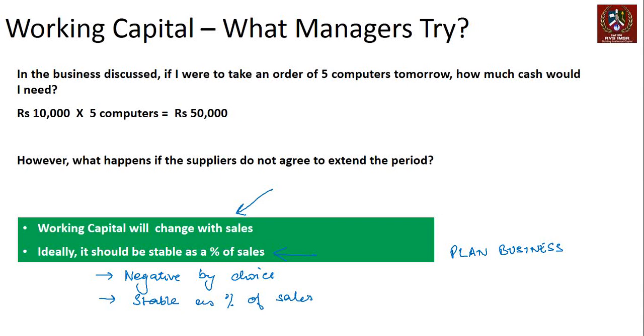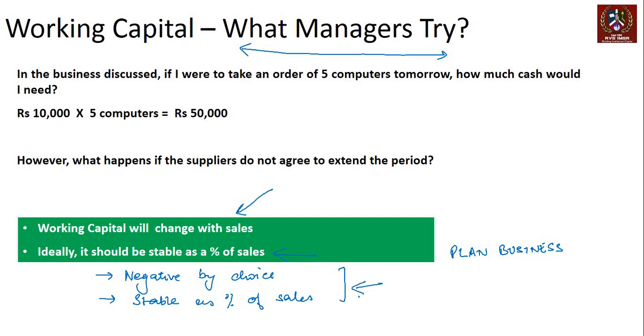So they should move in line with the sales, and that is what should be the endeavor of managers. We will see in examples that good companies try to manage working capital at a remarkably stable level of sales, regardless of whether it is negative or positive. You can always keep it steady because you can plan the business accordingly, right? So that is what is the endeavor of managers.